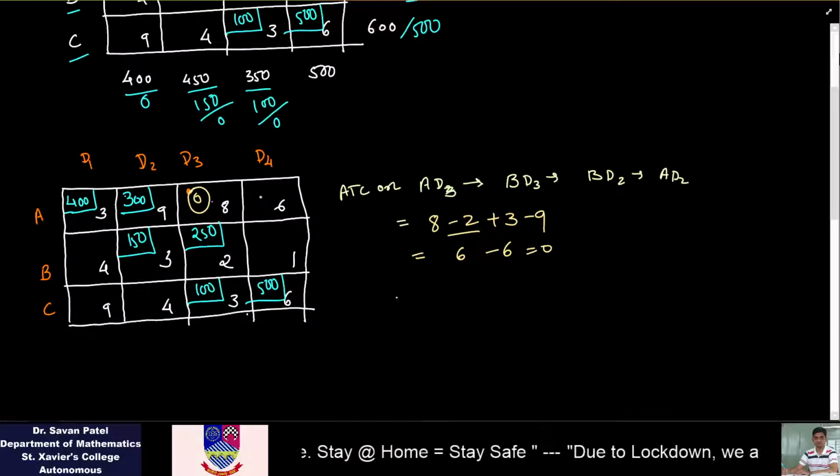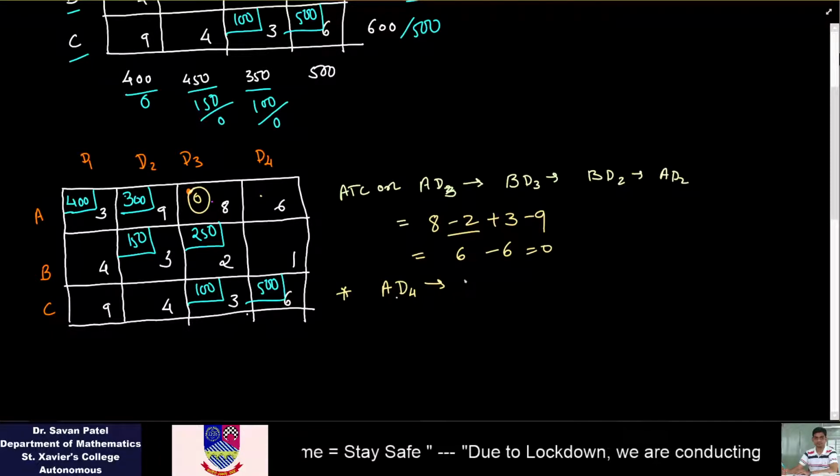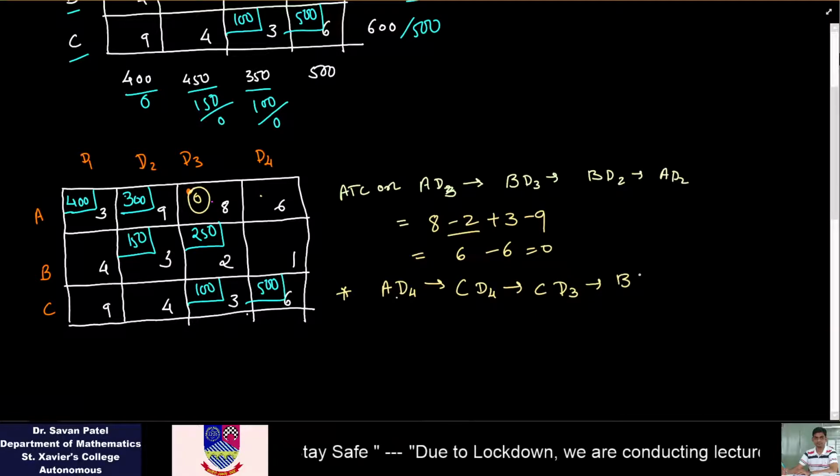Now at this point, I am directly writing A to D4. If we add something here, then we have to subtract something here. So that is C D4. From there we go to C D3. From there the only possibility is to go to B D3.